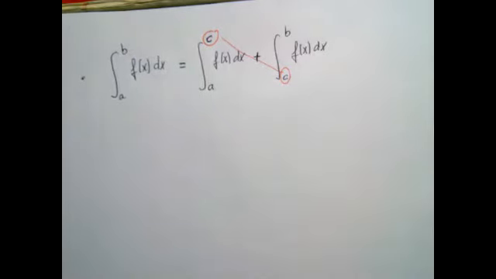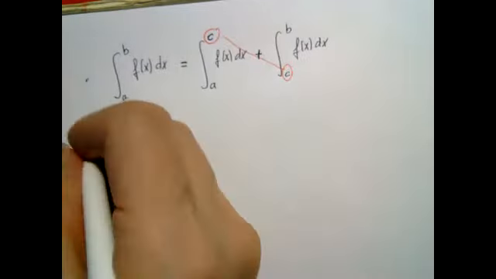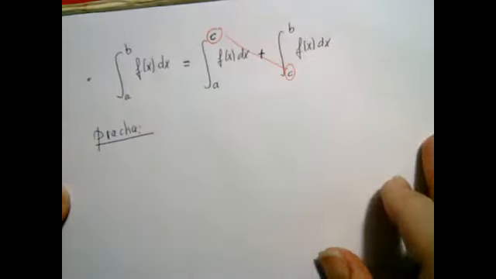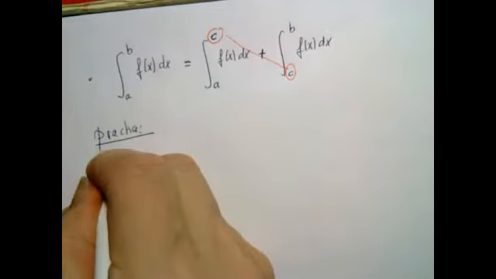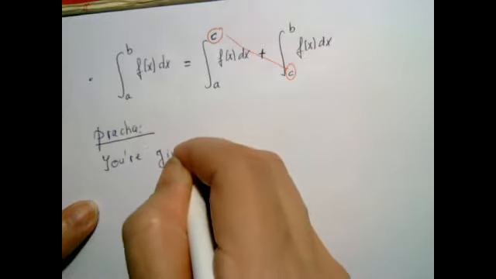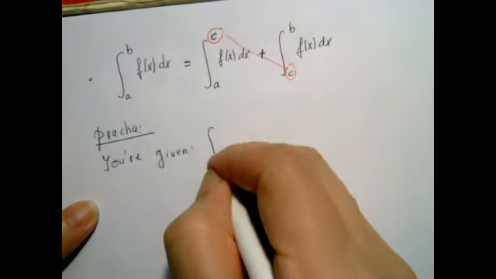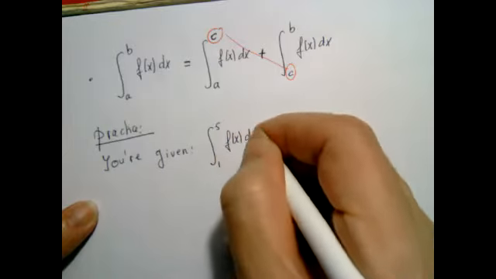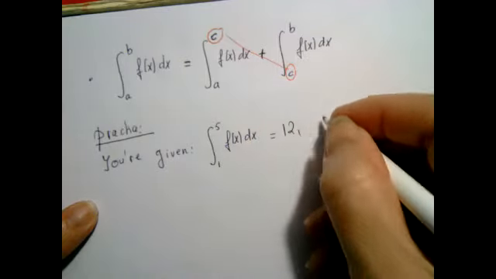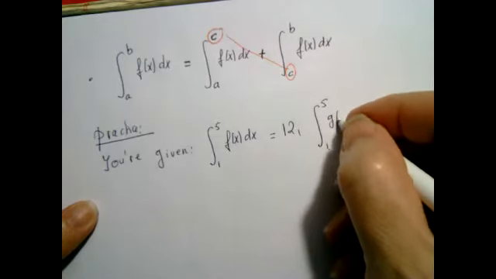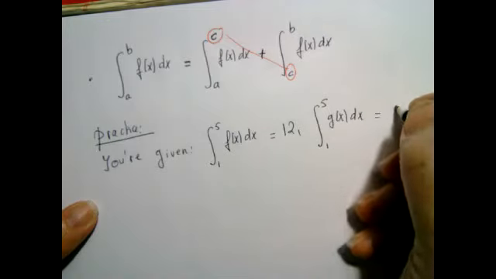So let us just have a very tiny exercise, nothing hard at all. Let us do the following practice problem. Let us say you are given a very simple integral from 1 to 5 of f of x dx to be 12, and the integral from 1 to 5 of g of x dx equal to 2.